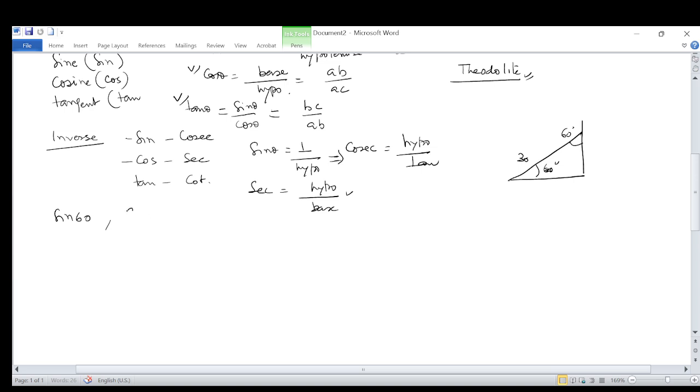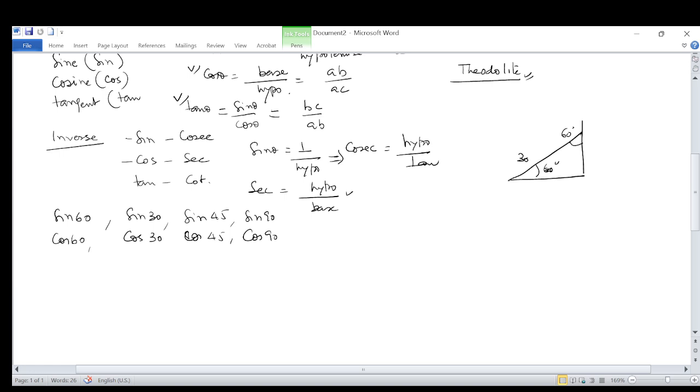Somebody may ask the value of sine 30, sine 45, or sine 90. In the same way, the values of cos 60, cos 45 and cos 90 have to be remembered by you.